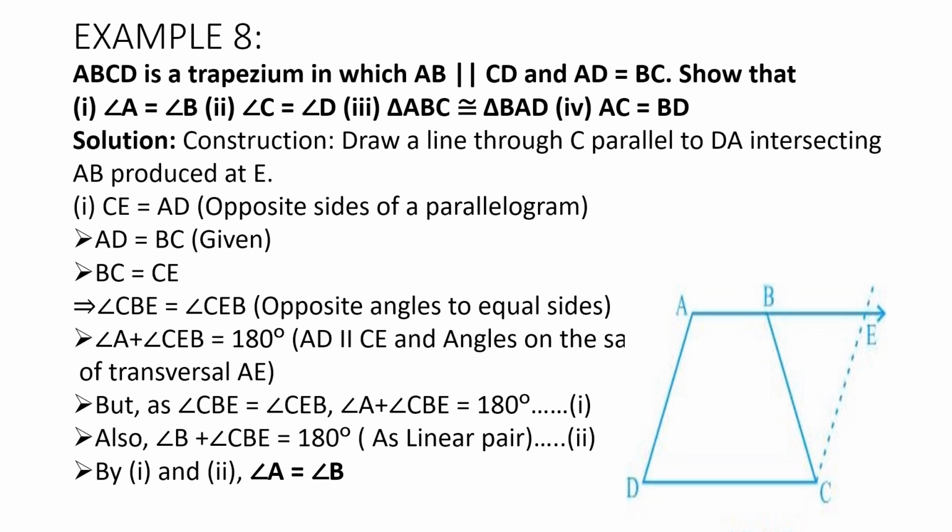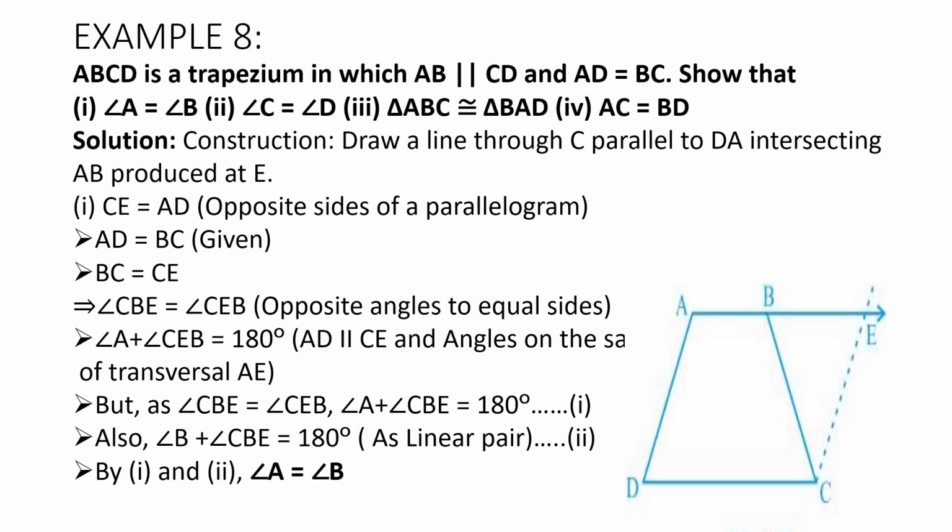Now just see the diagram. Angle A plus angle CEB is equal to 180 degrees. Why? Because AD is parallel to CE and angles on the same side of the transversal form a linear pair. So angle A and angle CEB total 180 degrees. But instead of CEB, we can write CBE, because just now we have shown that they are equal.